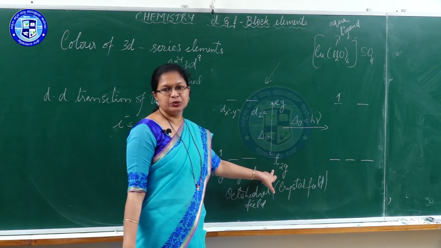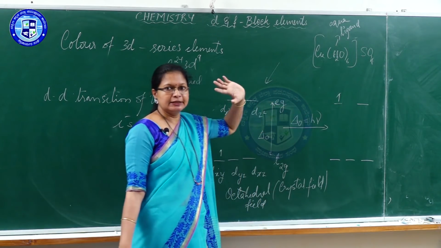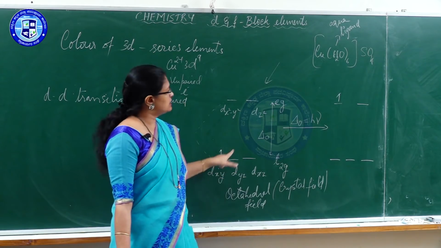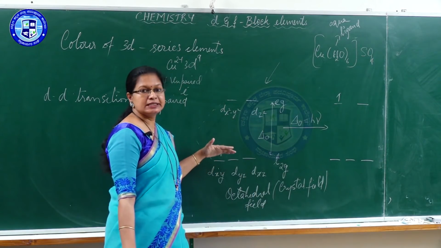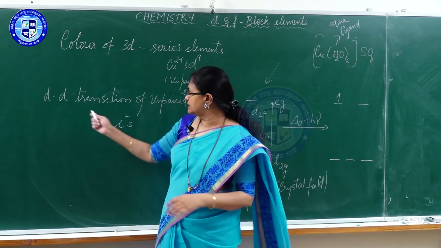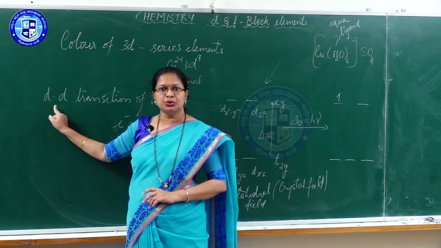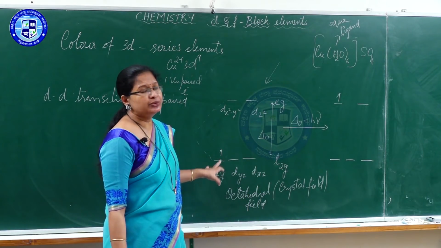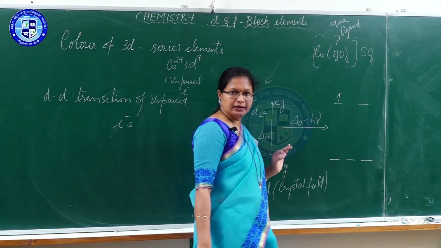Yes, called the T2g set. These are another set of d orbitals called the Eg set. So the unpaired electron from the T2g set is getting excited to the Eg set. So from one set of d orbitals to another set of d orbitals, which is called d-d transition. The electron is exciting from T2g to Eg level. That is why the solution exhibits color.